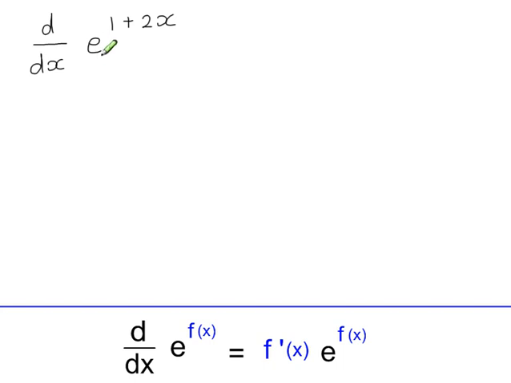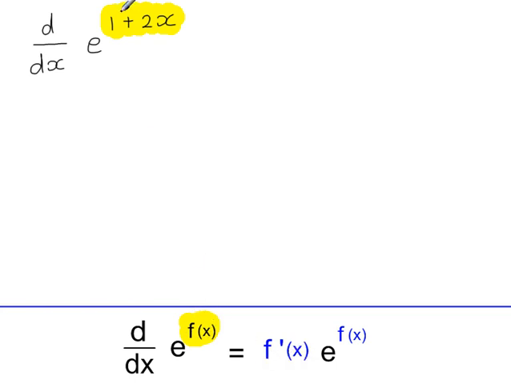Differentiating e to the power of 1 plus 2x. So the 1 plus 2x is represented by the f of x in the formula. So applying the formula, the first thing we do is we differentiate f of x.